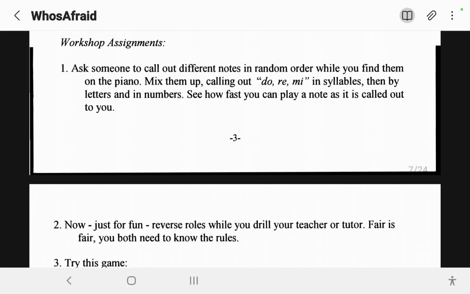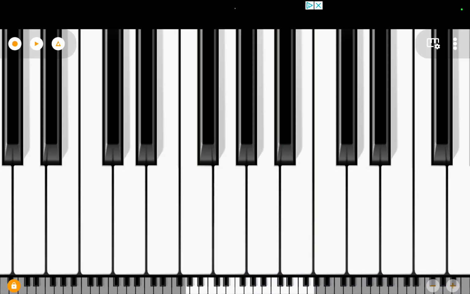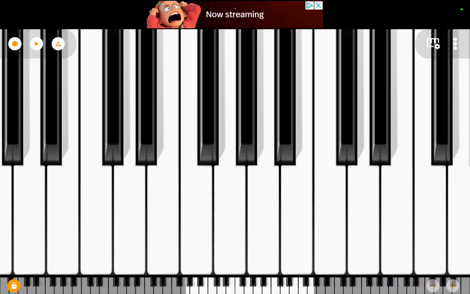If someone said, for example, do, they could play do. If someone said 3, could the student play 3? If someone said G, F, 4, mi, 2, 5, sol, stuff like that.